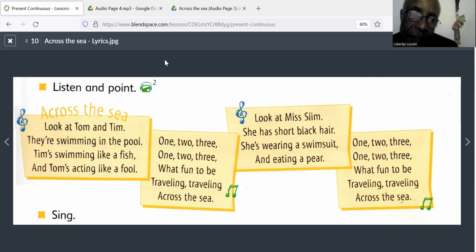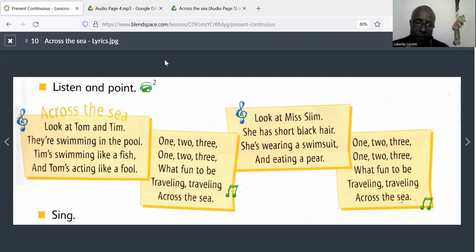Okay, now please, group number 1, tell me, in the first part of the lyrics, what is the action or actions? Okay, the first one, swimming. What else? Acting.